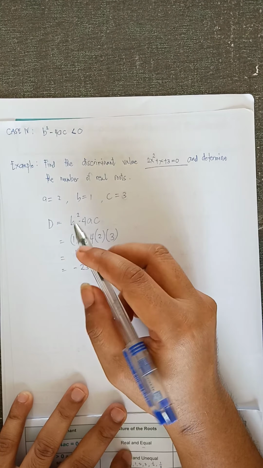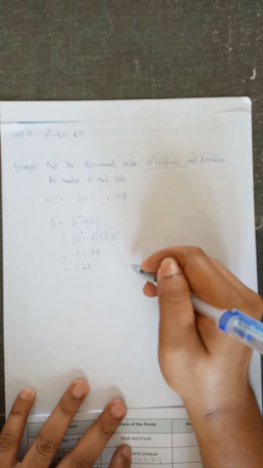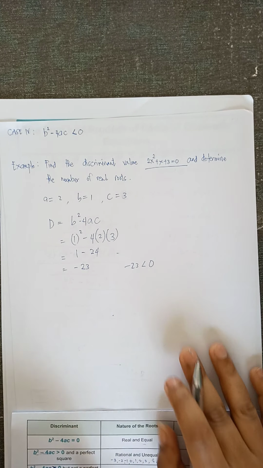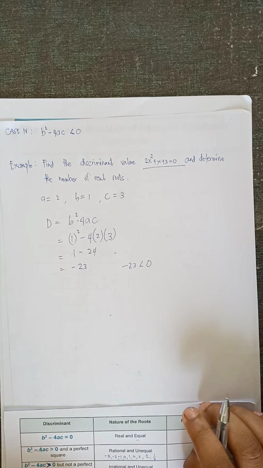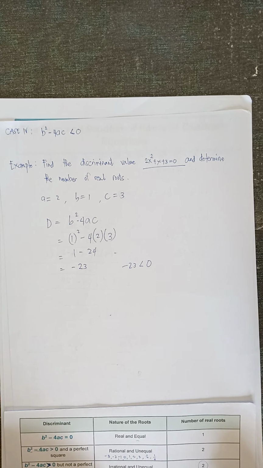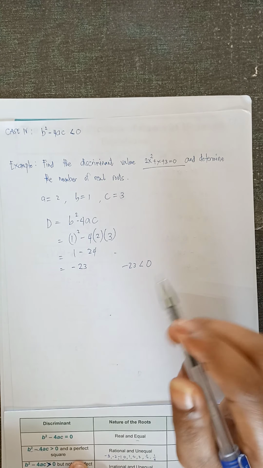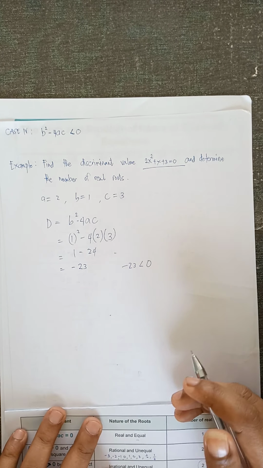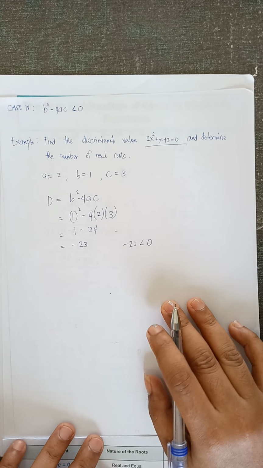So kay negative 23 man iyang discriminant, and negative 23 is less than 0. So we can expect nga ang nature of the roots niya are imaginary and no real roots. So wala say real roots. Okay? So para ma-check na to sa atong pag-describe sa nature of the roots, let us try to solve for the value of x using the quadratic formula again.